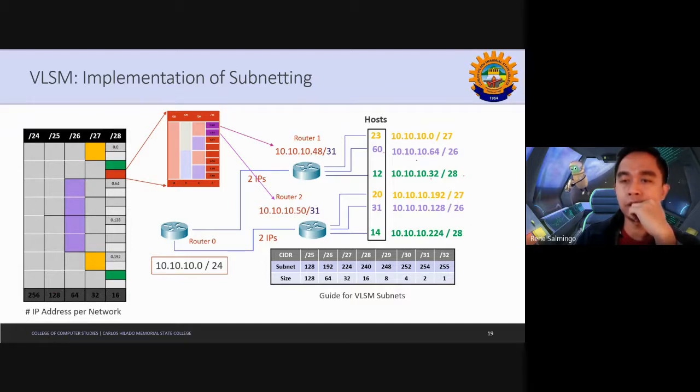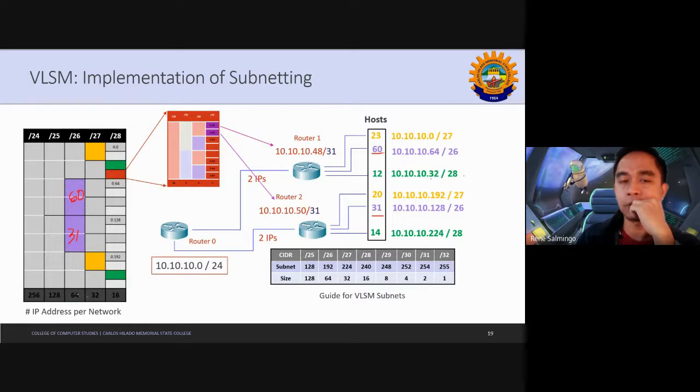First thing first, if you want to implement this, you need to check the largest values. So we have 60, and this would be allocated for this 60. And we have this 31, so this would contain 31 hosts.